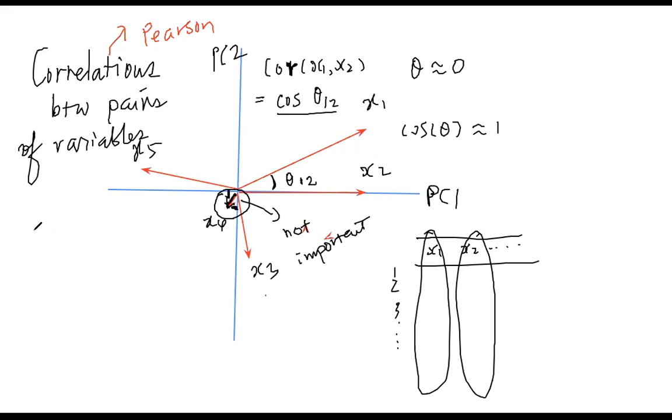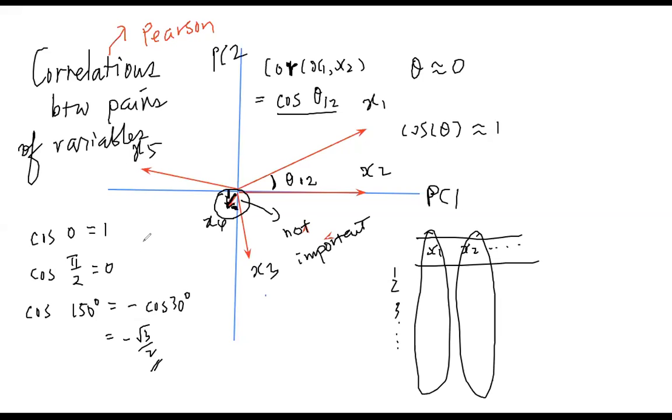If you remember from high school trigonometry, the cosine of 0 is 1, and cosine of pi over 2 is 0. And the cosine of something like 150 degrees is the negative of cosine 30 degrees, which would be minus square root of 3 over 2.